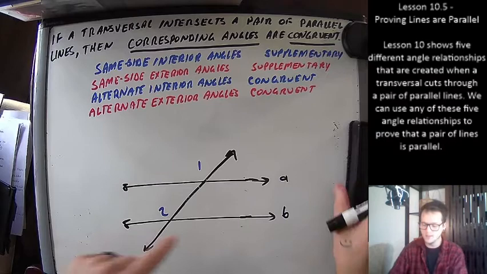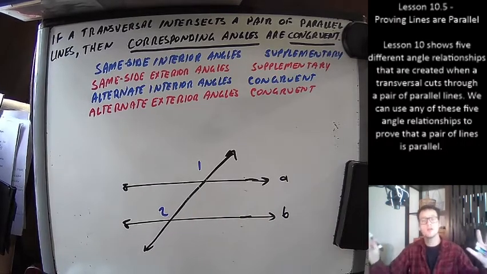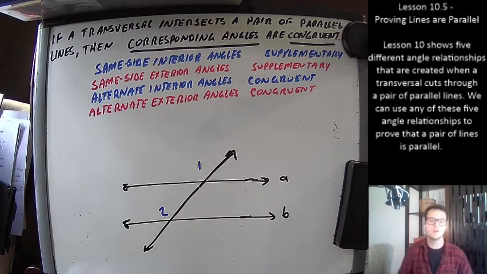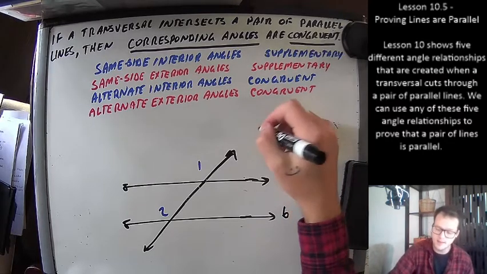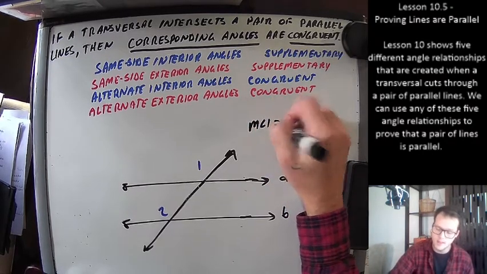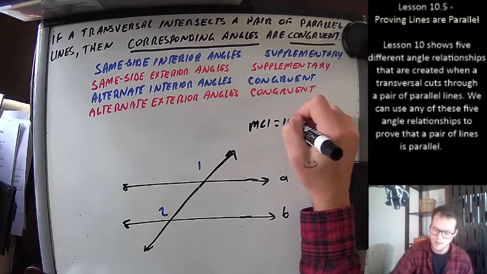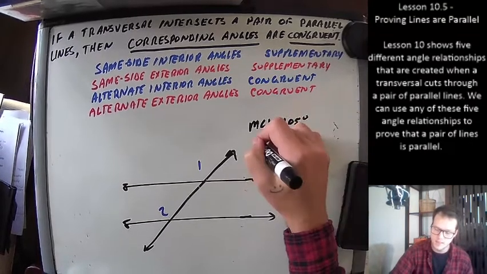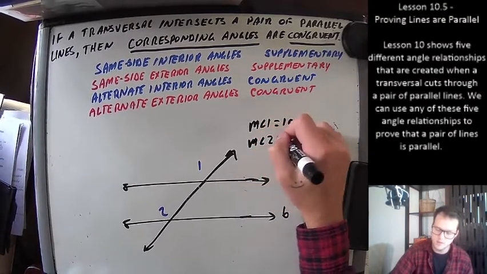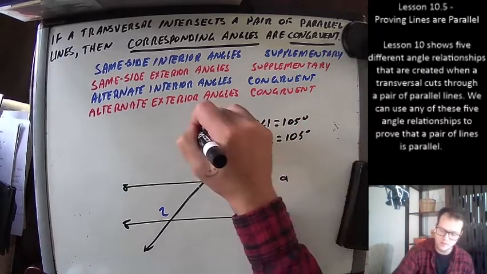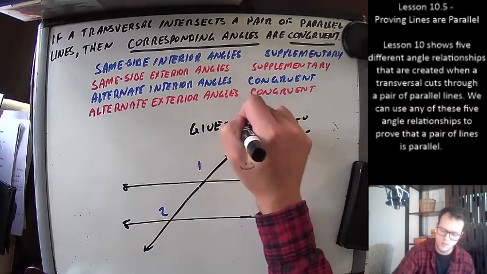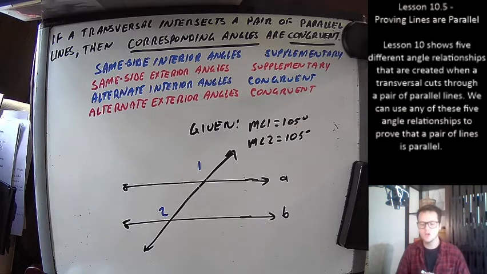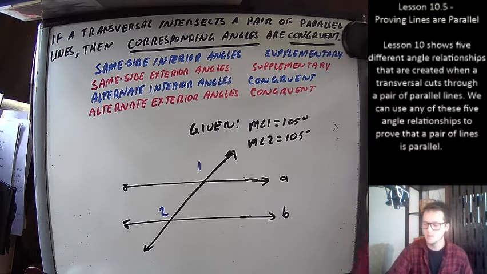Well, if you were given this situation, you don't know that they're parallel lines, your goal is to show that they are parallel lines. What if you are given the fact that the measure of angle 1 is, let's say, 105 degrees, and you're given that the measure of angle 2 is 105 degrees. We'll say that these are given to you, and your task would be to show that these are indeed parallel lines.